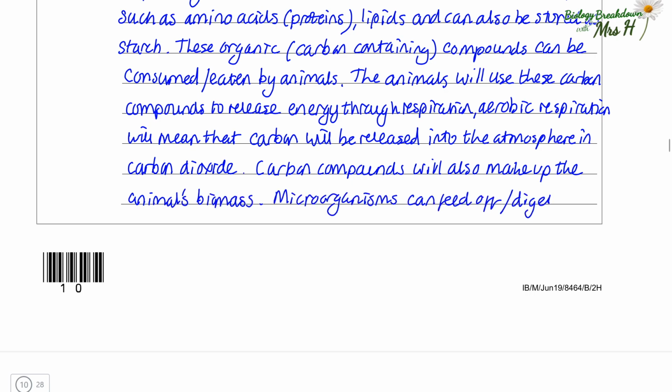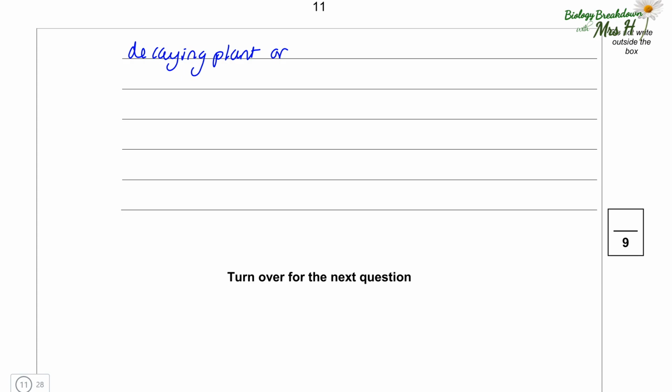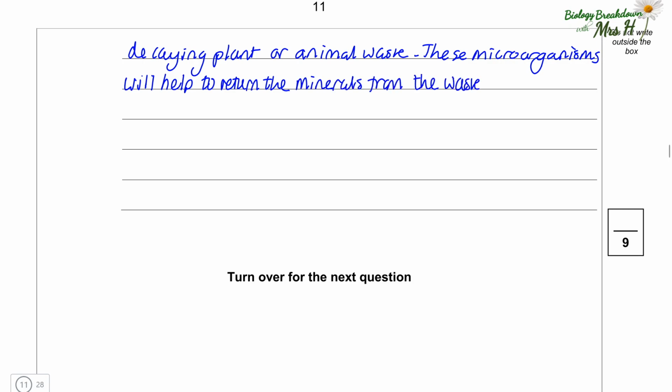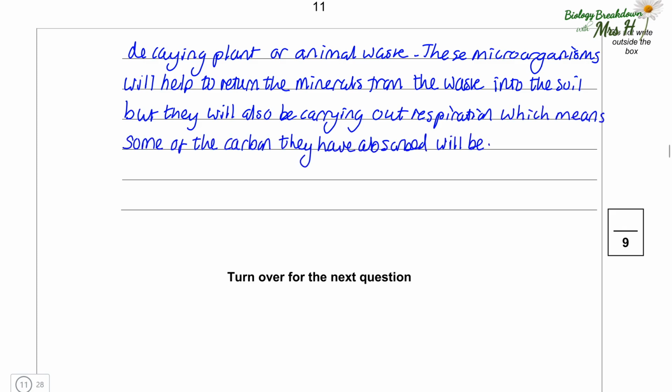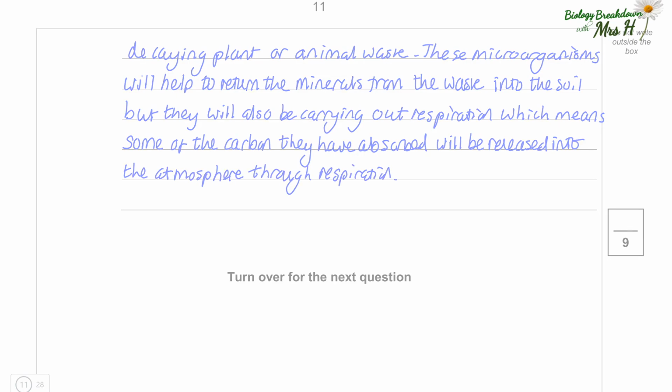Microorganisms can feed off or digest decaying plant or animal waste. These microorganisms will help to return the minerals from the waste into the soil, but they will also be carrying out respiration as well. So that means some of the carbon they have absorbed will actually be released into the atmosphere through respiration as well.